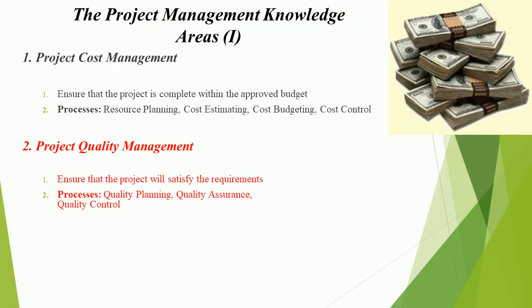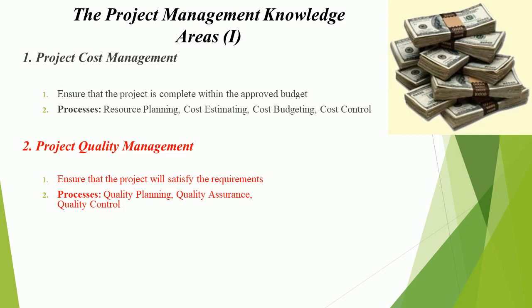1. Project cost management. Ensure that the project is complete within the approved budget. Processes, resource planning, cost estimating, cost budgeting, cost control. 2. Project quality management. Ensure that the project will satisfy the requirements.